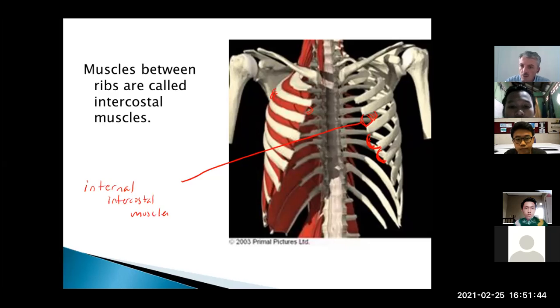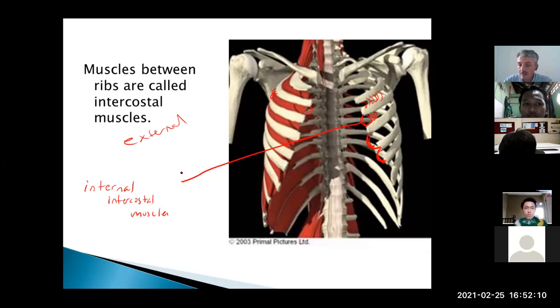When they contract, they pull the ribs inside, so our chest volume becomes smaller. When we are coughing, we use them. When we cough, our chest volume is decreasing mostly because of these. The ones outside are called external intercostal muscles.